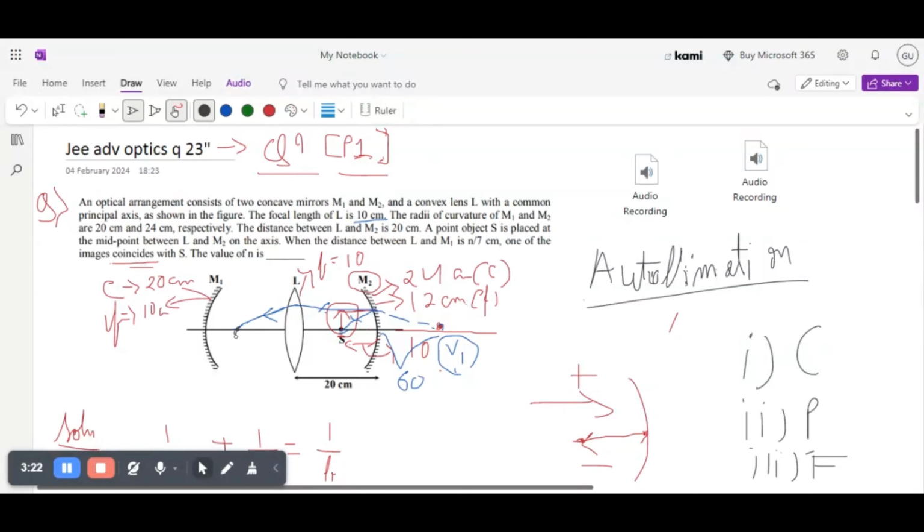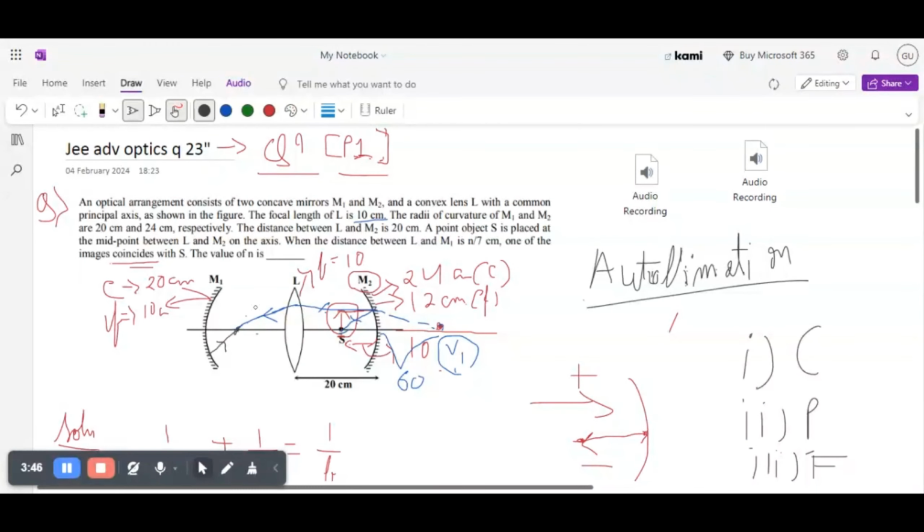Let's say the image is at the curvature of M1. In the curvature, the image and object will coincide. How will the ray path be? I will explain that. What happens at the curvature, if you have read the basics, is that the light ray is reflected along the same path. It's coming this way, and it will be reflected along the same path.